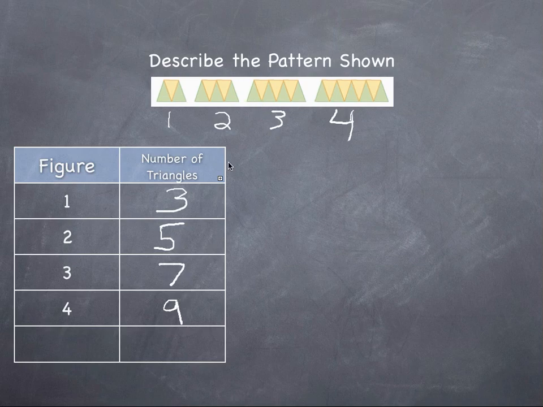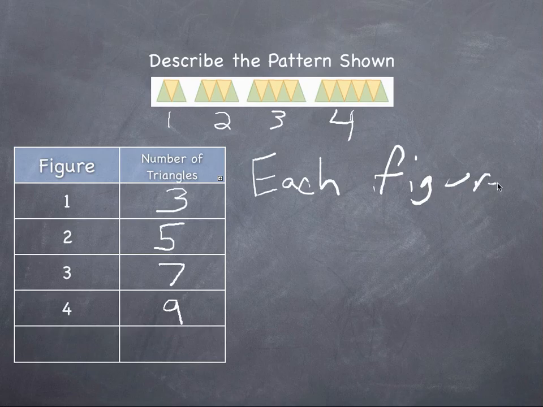If we want to describe the pattern, we could describe it in a couple of ways. One of the things we could say, and here comes my handwriting again, so it'll be just like class, and you'll have to excuse my printing on this.